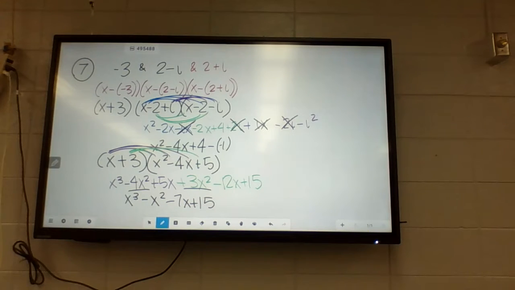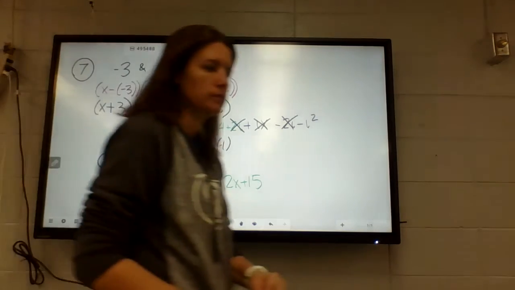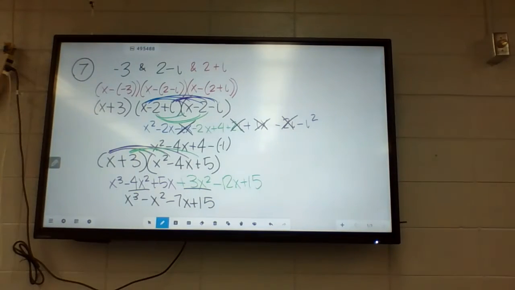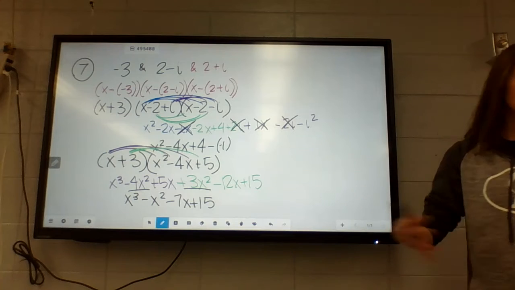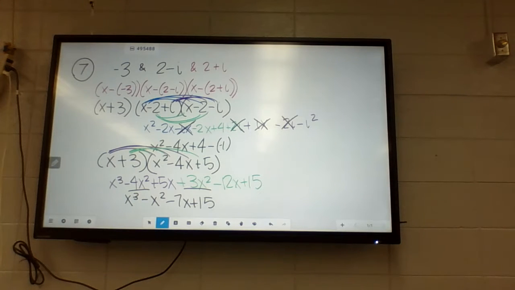So that should be it. Hopefully you guys saw where you went wrong, and hopefully we start avoiding some of those mistakes that come up. And I know when I rush through problems like this, I definitely make a ton more mistakes.